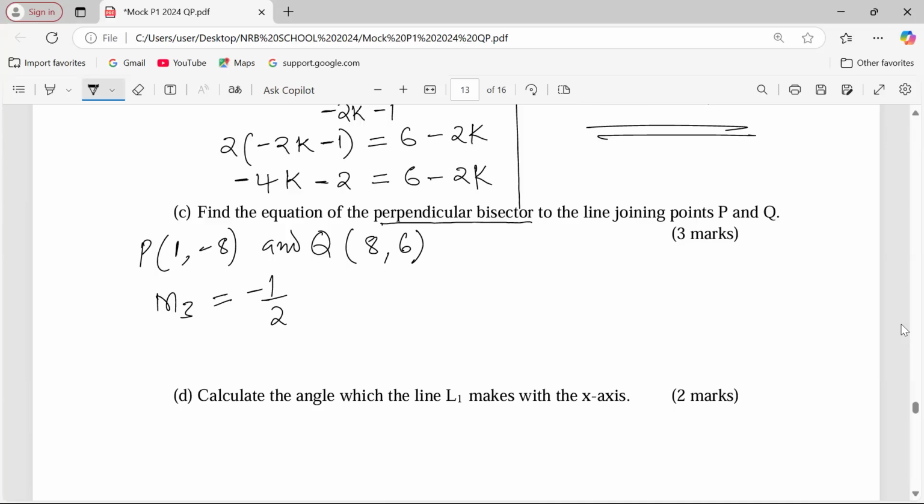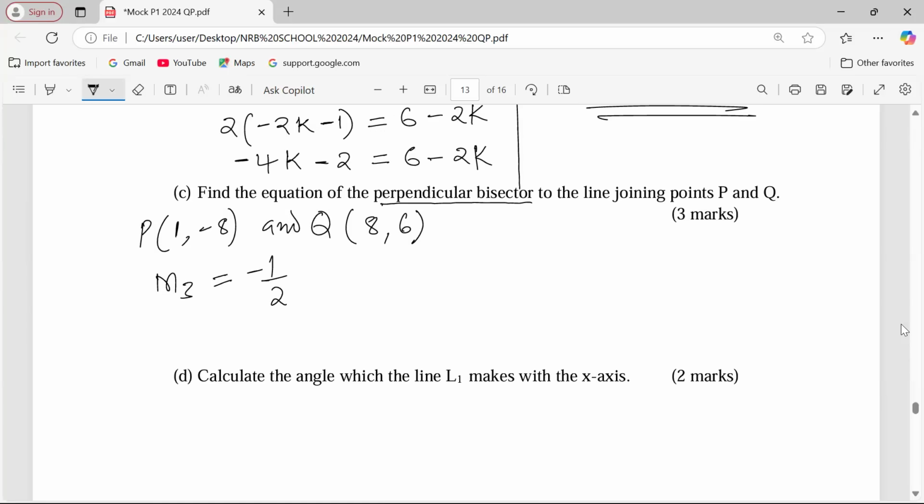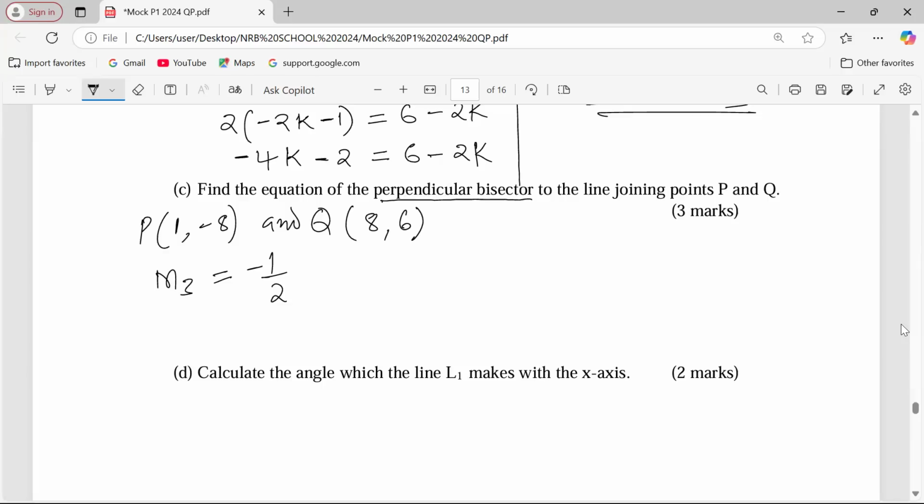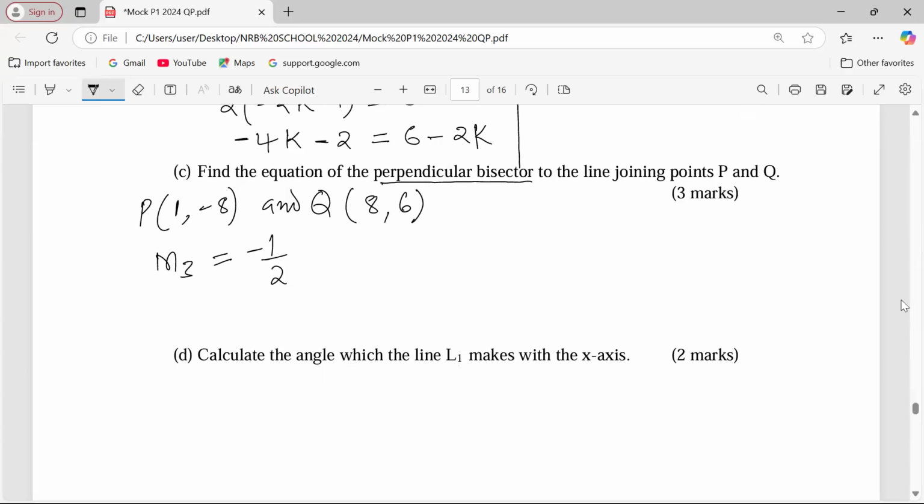But for us to get the equation, we need to know a point where this line passes. The line passes through the midpoint because it is a perpendicular bisector to PQ. So it passes exactly at the middle of PQ. How do we get the coordinates at that particular point? We use the midpoint formula. We can call the midpoint R. We need the first x plus the other x, that is 1 and 8, then we take the average.